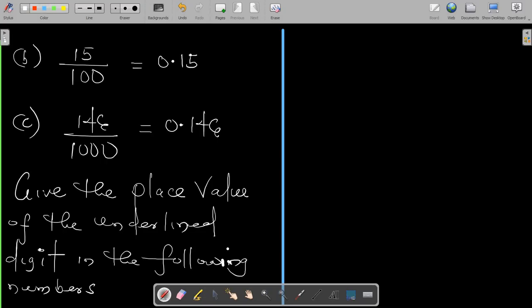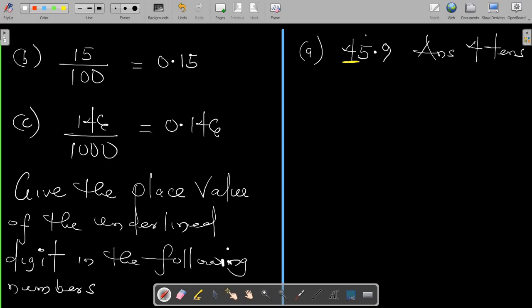The first question here, A. So let's say we have 45.9. This time around, I'm underlining the value 4. So the answer there will be 4 tenths.